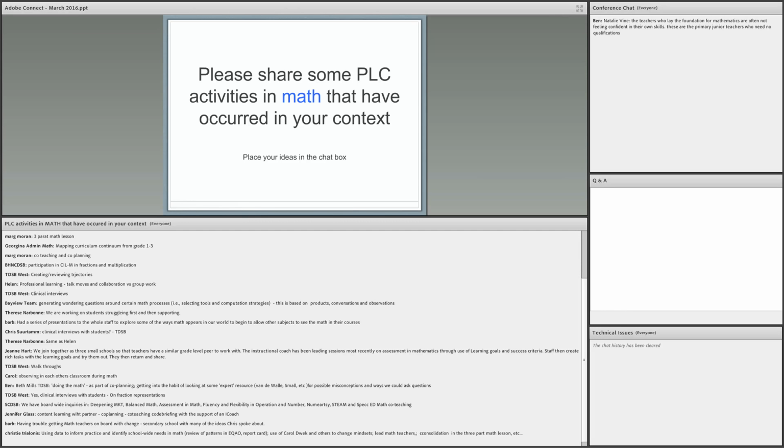So I think I'll share with you sort of a summary of some of the ideas that you talked about. I see Barb also mentioned that sometimes it's hard to get math teachers on board with the change, particularly at the secondary level.